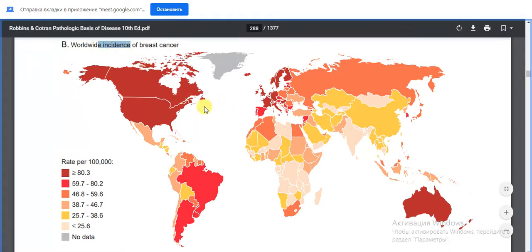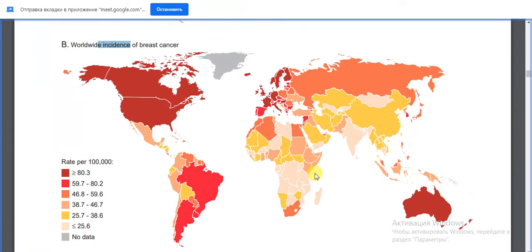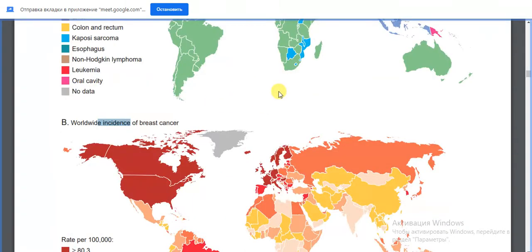Just in our countries like Pakistan, Kyrgyzstan, Mongolia, or African states, we don't detect this disease. We don't have well-aligned oncology statistics. We don't have an oncology service yet, and so incidence is decreased, because we don't see it.